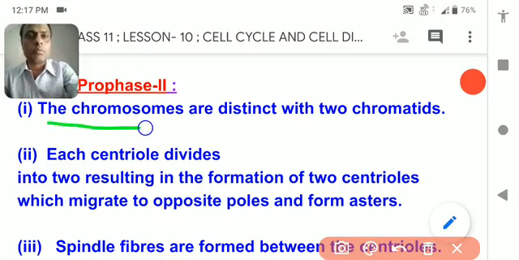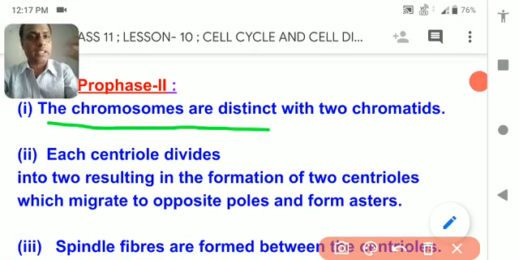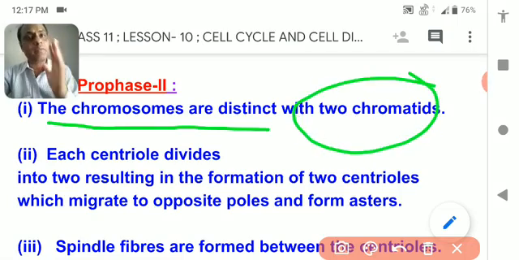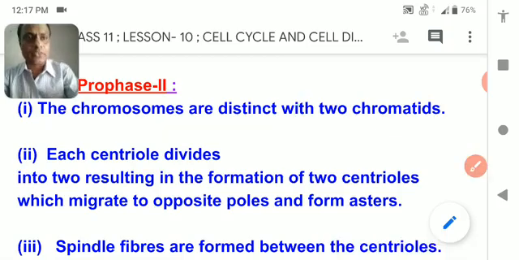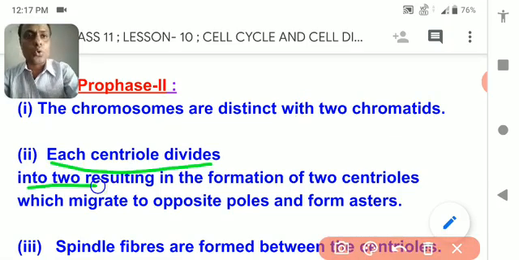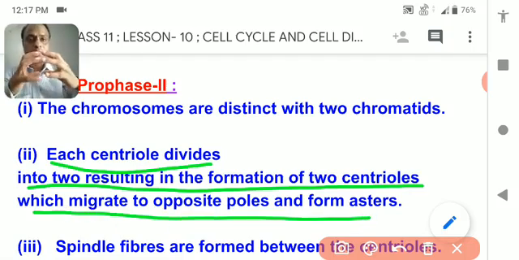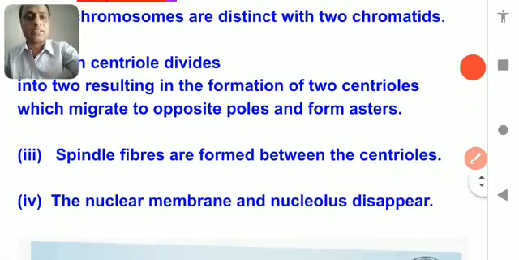The chromosomes are distinct. Obviously chromosomes become very clear, each clearly visible with two chromatids. The centriole divides again, and the centrioles go opposite to each other toward the opposite poles and form the spindle fibers, so that the division can proceed.